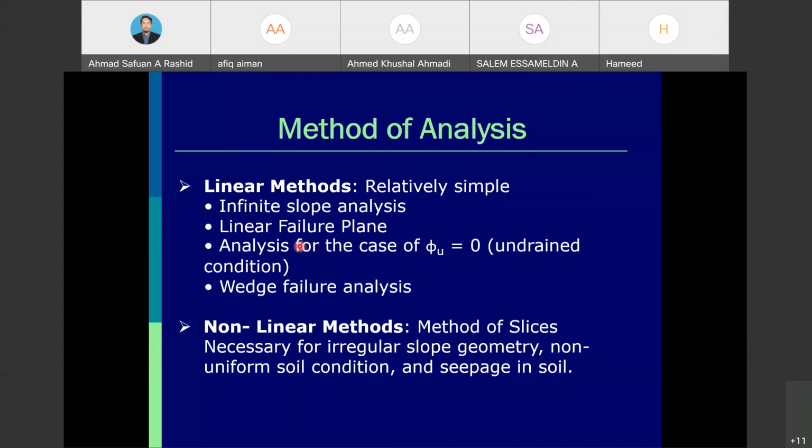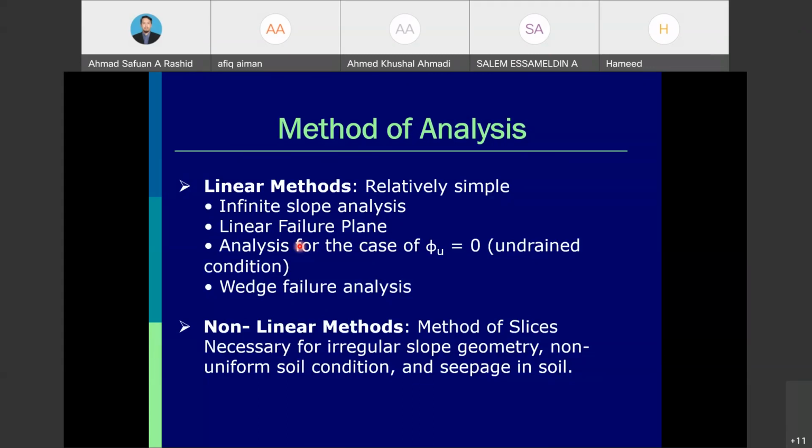It is a very useful tool to determine the factor of safety for a finite slope, but it is a very tedious approach where we need to spend a lot of time.